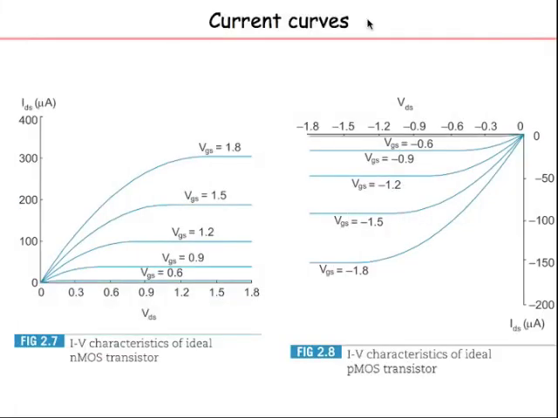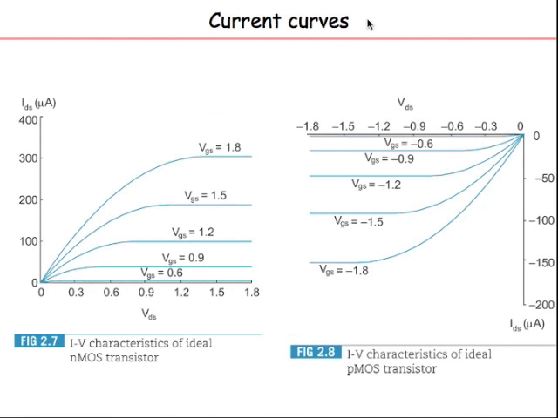So in the case of a PMOS transistor, you have holes which are required to form the channel. Sometimes PMOS and NMOS can become a little confusing. In the case of NMOS, VGS has to be bigger than VT to get conduction.